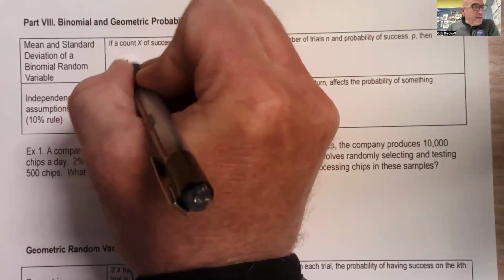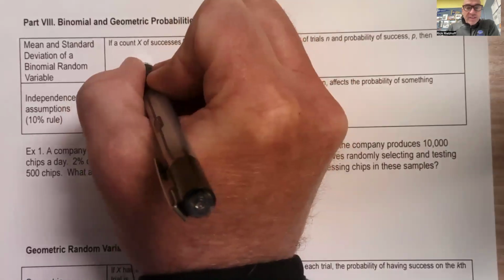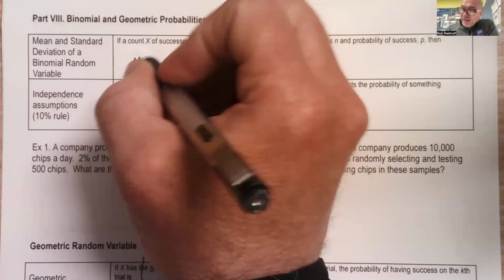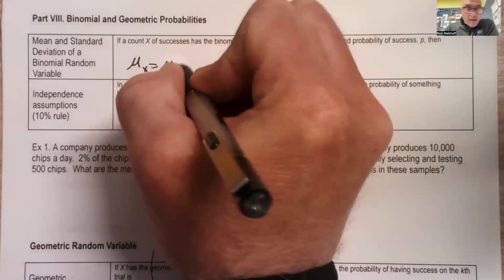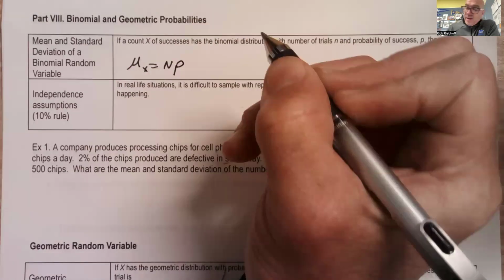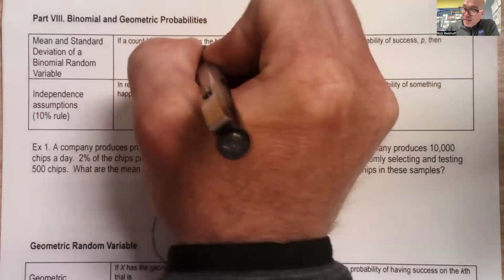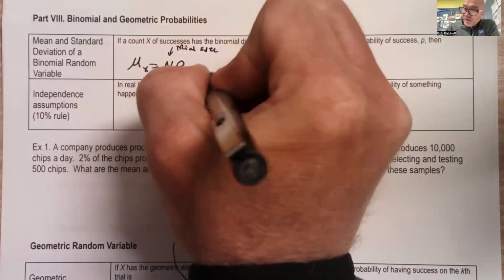So the mean of a binomial distribution, the mean of the number of successes, mean of X, is equal to n times p. n is our trial size, and p is our probability of a success.